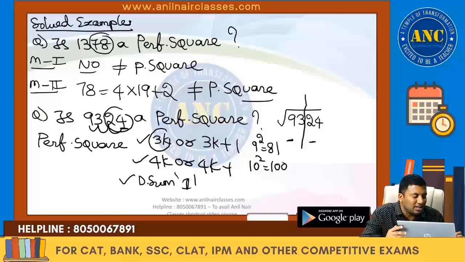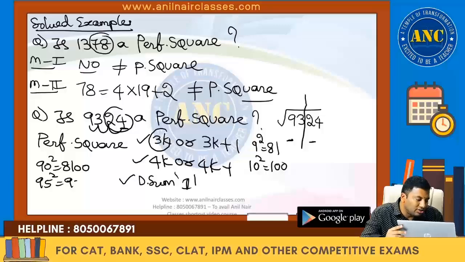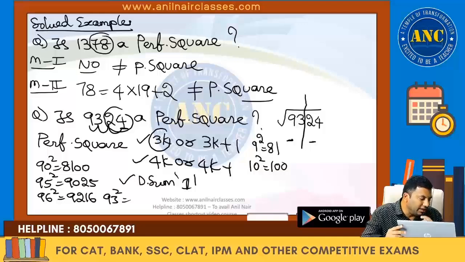90 square is 8100. 95 square is 9025. Are you all with me? 96 square is 9216. 97 square we will do. 97 square is how much? 9409.